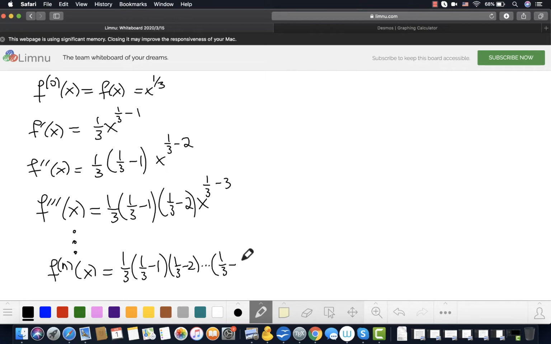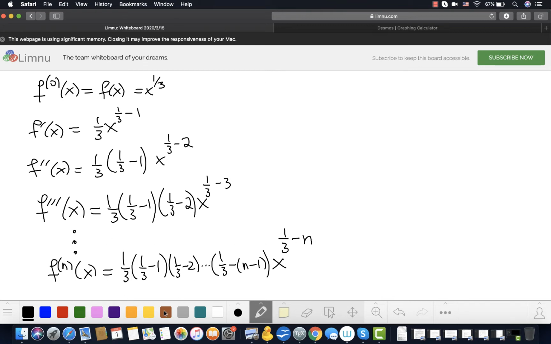The last one is 1 less than n: 1/3 minus (n minus 1), because the minus 2 is 1 less than 3 for the third derivative. And then it's x to the power of 1/3 minus n, because minus 2 matches the second derivative, minus 3 matches the third derivative, so minus n matches the nth derivative.